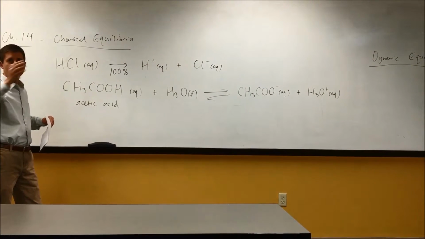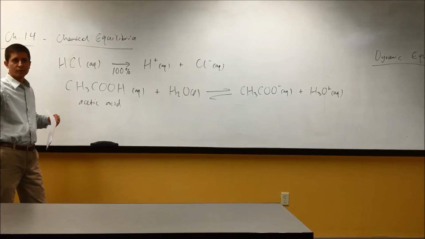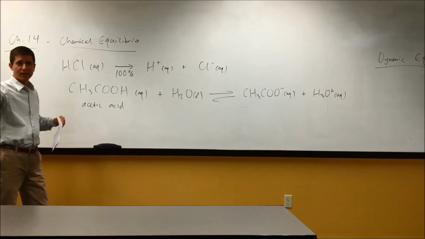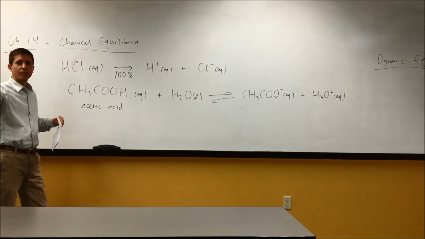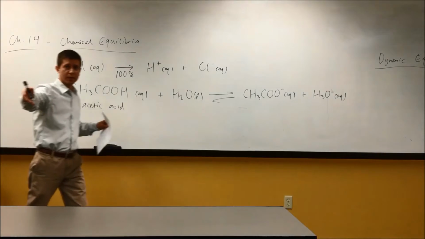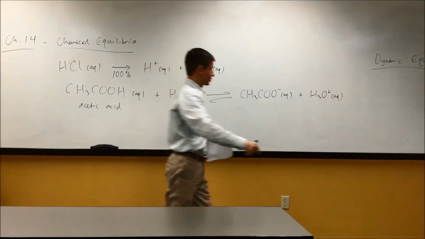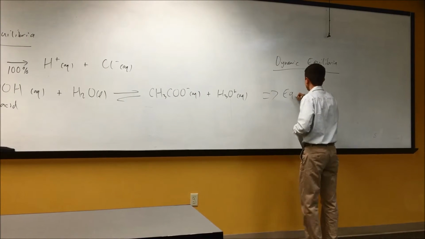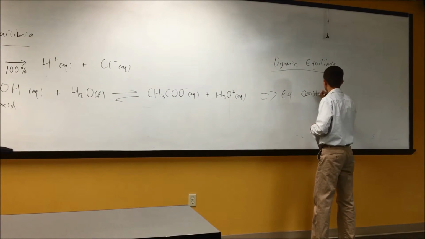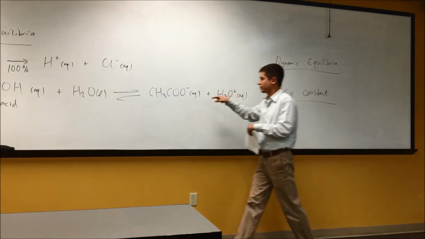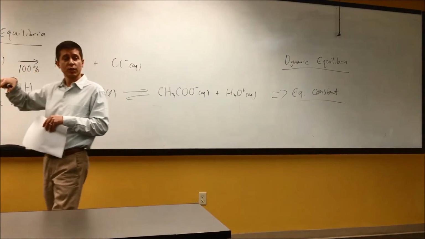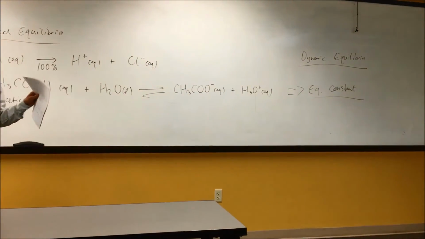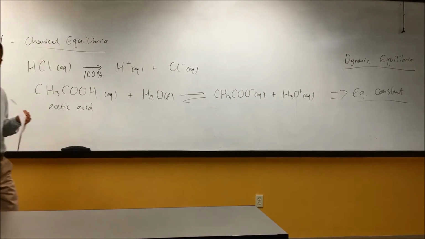And you know this is Gen Chem, especially Gen Chem 2, which means we have to quantify that, right? And we quantify that by writing what's called an equilibrium constant, or an equilibrium expression to describe this reaction. So the equilibrium constant for this reaction would be written as a ratio. And if you get nothing else from this lecture, this is the most important thing to take home about equilibrium constants.